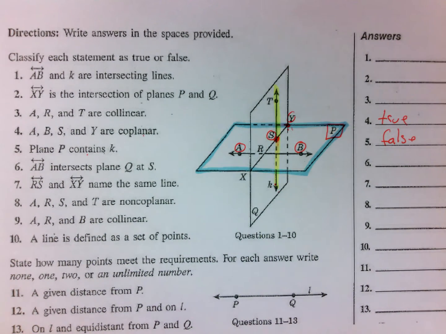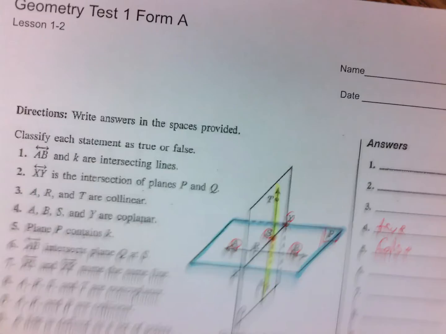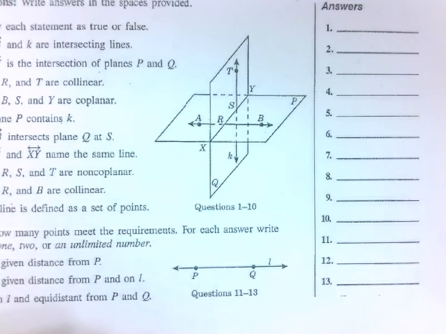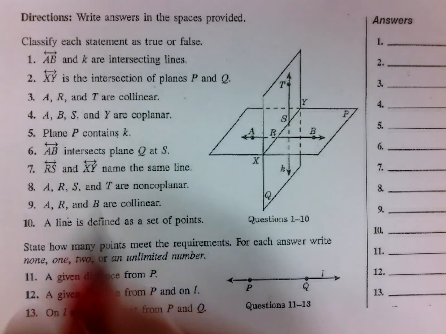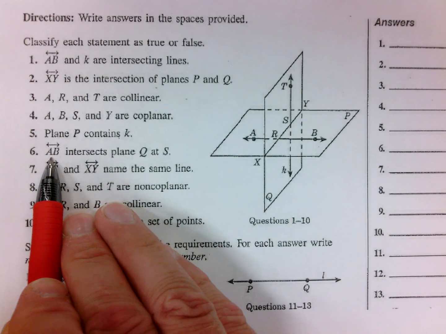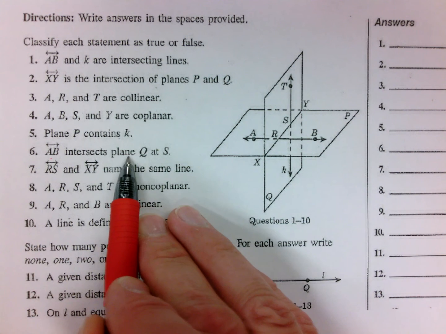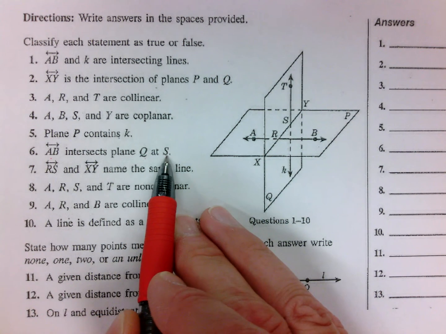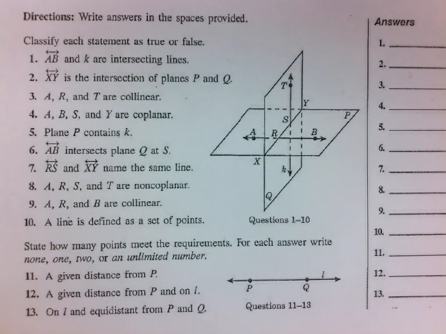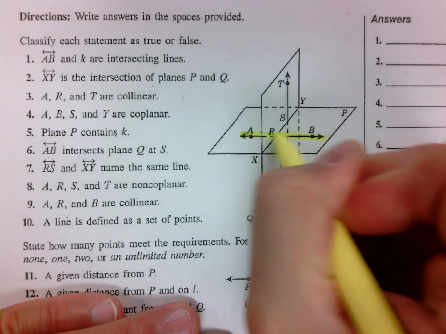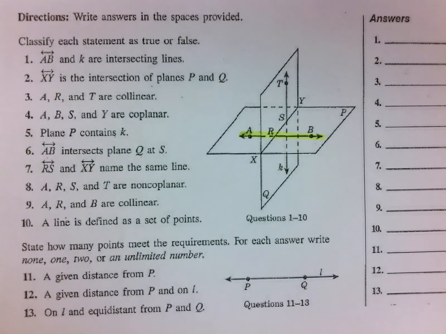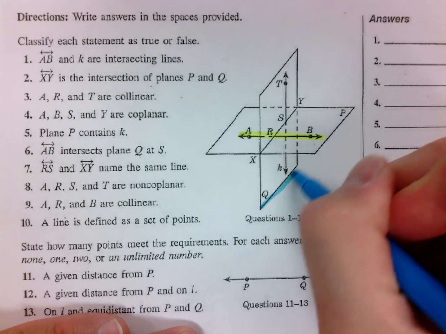Question 6. Clean this up again. Question 6 reads, line AB intersects plane Q at S. So my line AB would be this line. That's yellow. My plane Q would be this plane.